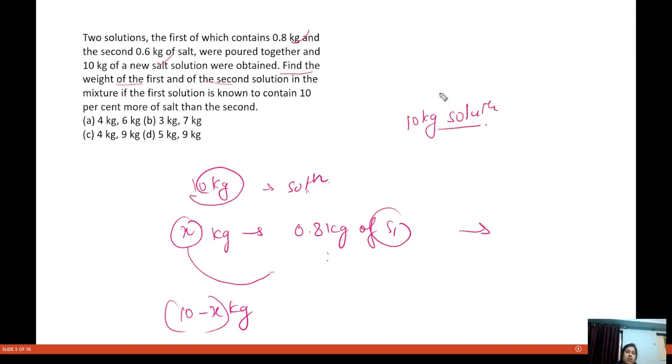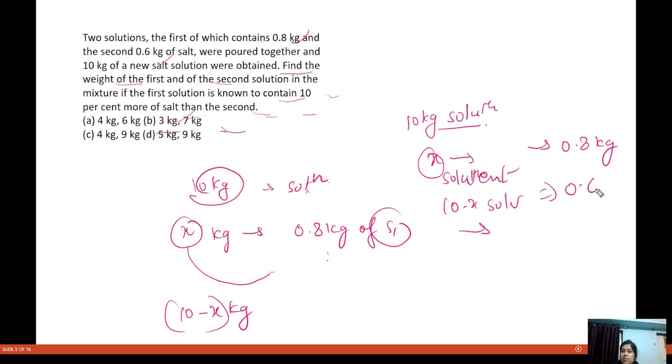Now it is saying find the weight of the first and the second solution, if the first solution is known to contain 10% more. So in x kg of solution you have 0.8 kg of salt, and in 10 minus x kg of solution you have 0.6 kg of salt.